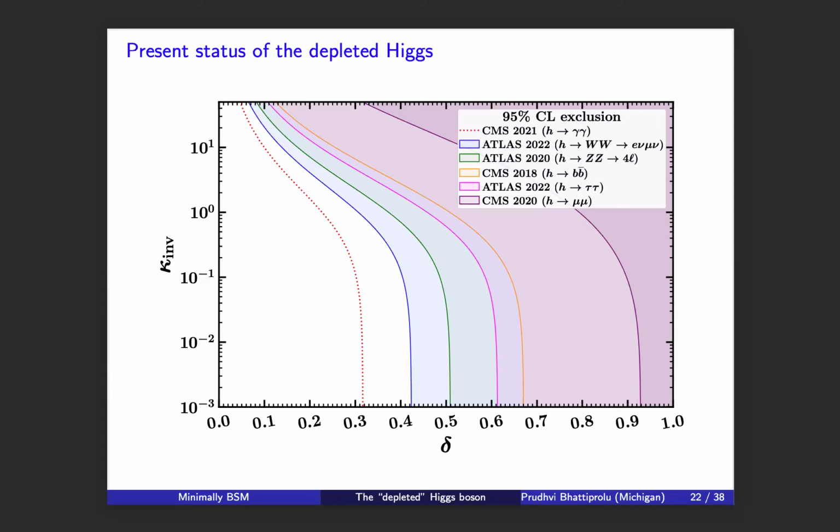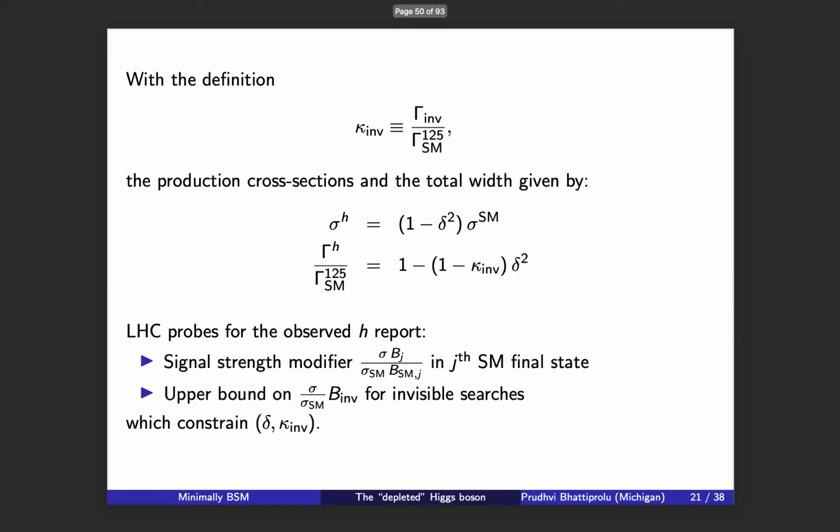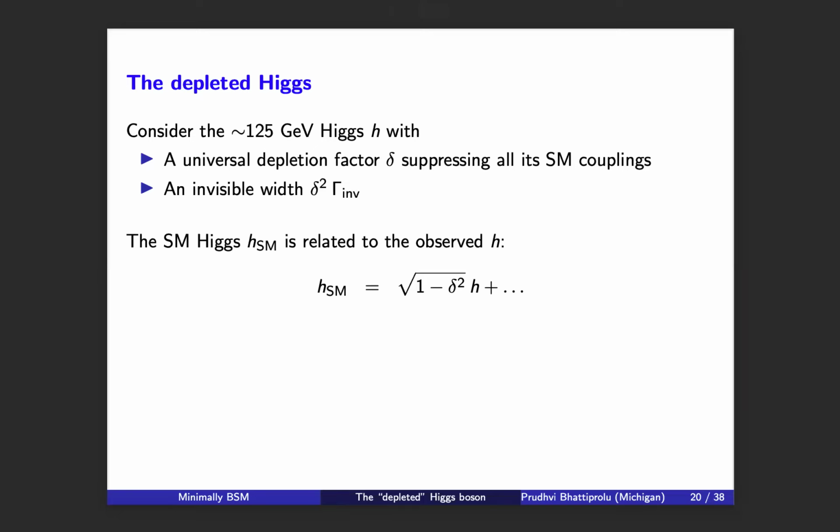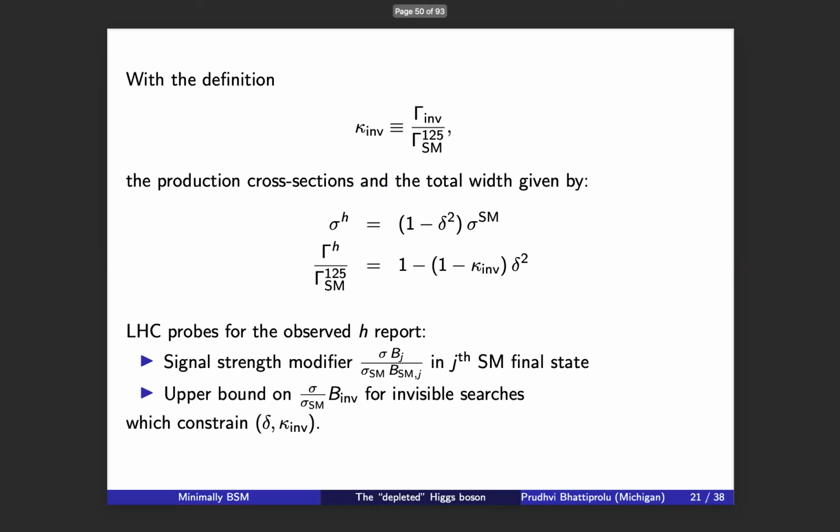So kappa can be large, but there is still a delta squared suppression. Yeah, so this is the invisible width. And I'll show in just a couple of slides that this actually arises naturally from mixing with the singlet that decays entirely invisibly.